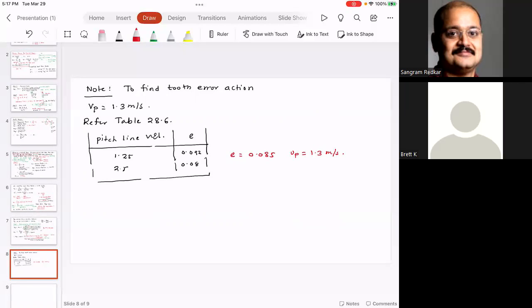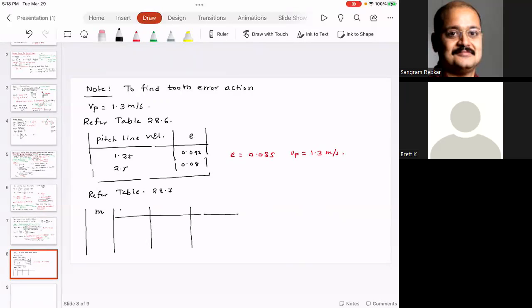Now for this 0.095, there is another way of determining the error action. So you can refer table 28.7, and for 28.7, you would notice that there is module M, and for module there are different grades of gears.